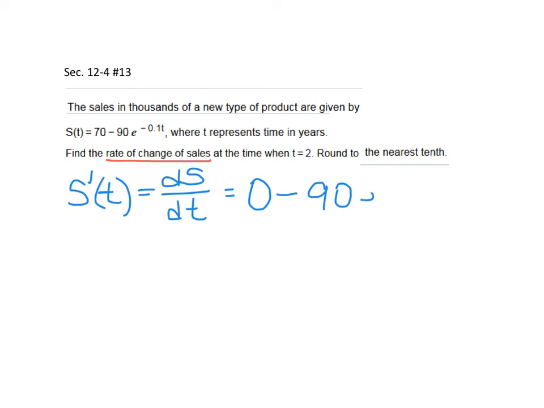It's e raised to the same power, which is negative 0.1 t, and then we also again will have to take the derivative of that, and the derivative of that power is going to be the derivative of negative 0.1 t, which will be simply negative 0.1.